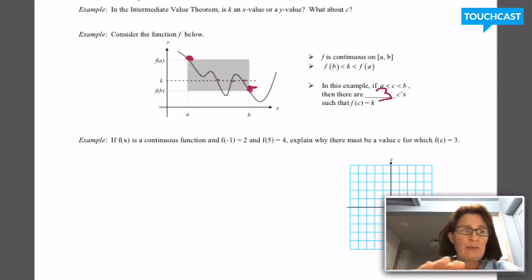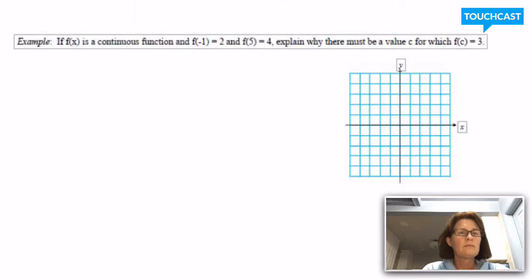It doesn't say anything about it happening more than once or whether it can or can't happen more than once. And it doesn't even tell us anything about how to find where it does. All it does is guarantee that there's at least one place where f of c equals k. And that c has to happen at least once in between the a and b, in between the 2 x values I know. So try this first example.